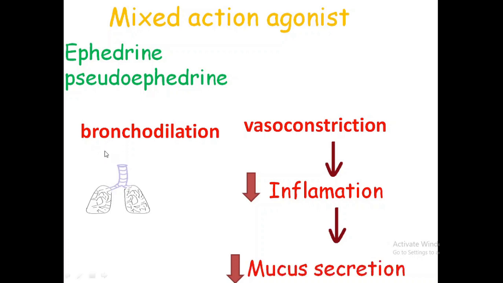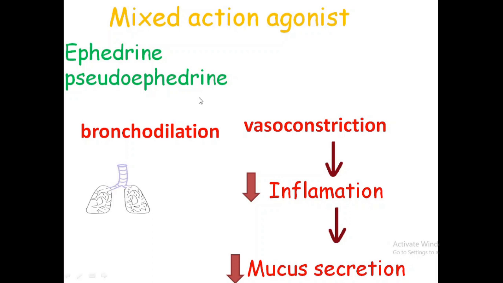Ephedrine and pseudoephedrine have a long duration of action because they are not catecholamines, and thus they are poor substrates for COMT and MAO enzymes which metabolize the catecholamines.